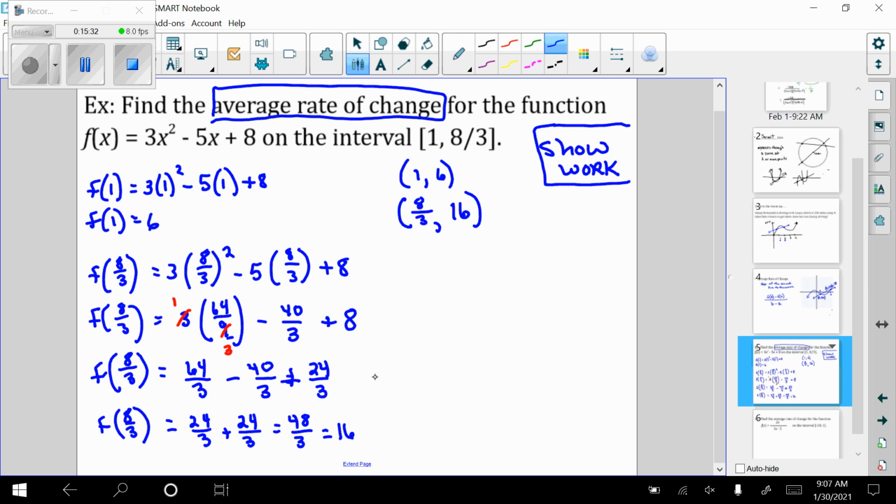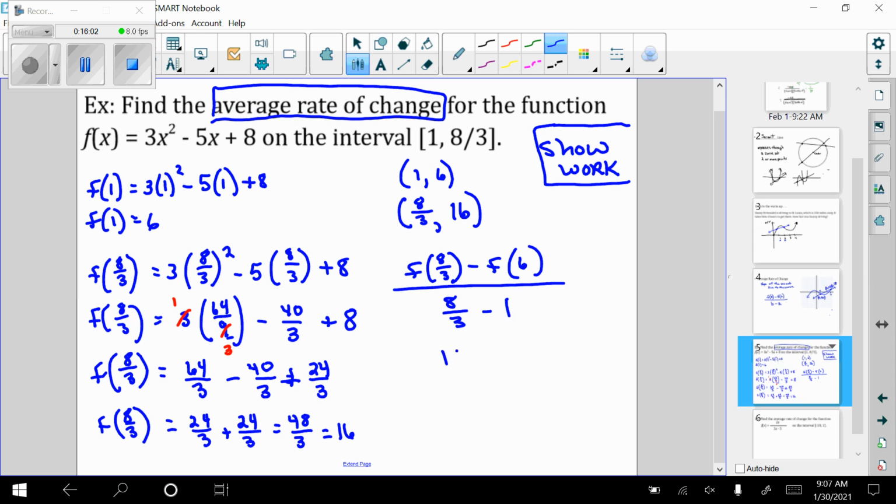Now I can find my average rate of change between the points 1 and 8/3 on the graph of the quadratic. So now I can do f of 8/3 minus f of 1, all over 8/3 minus 1 using my slope formula.